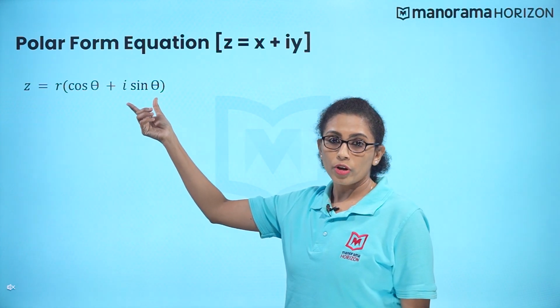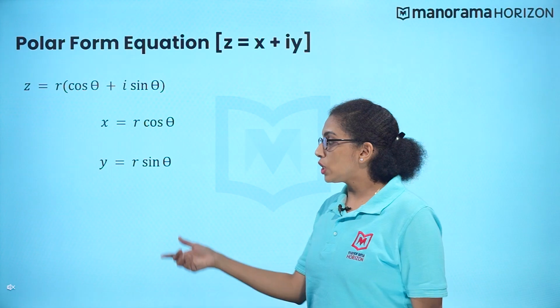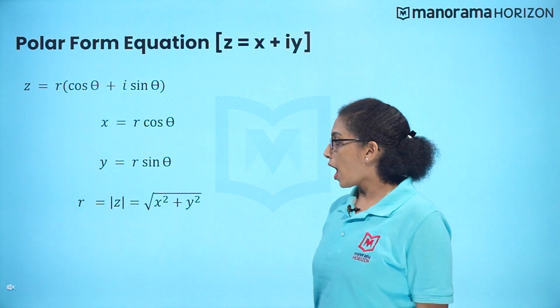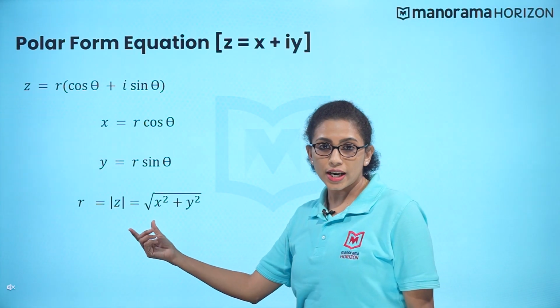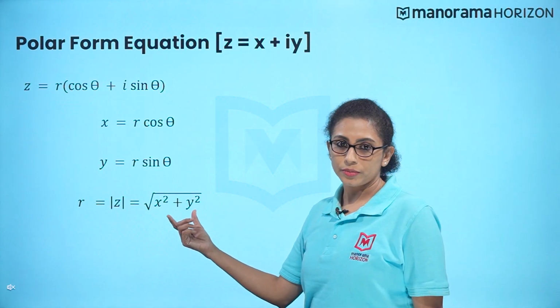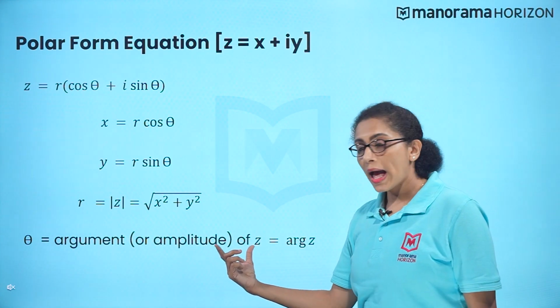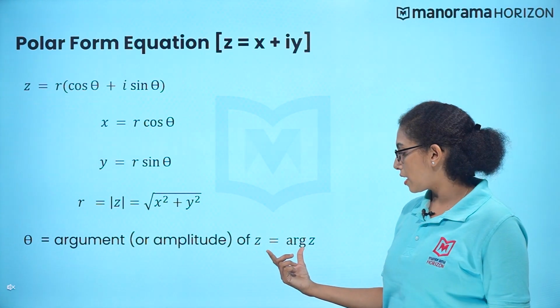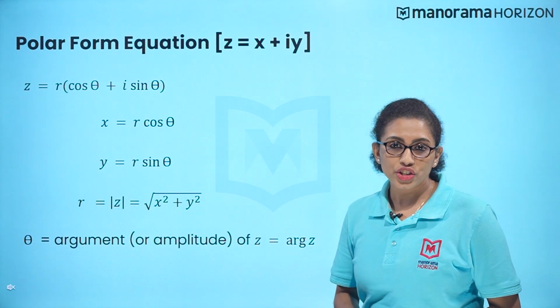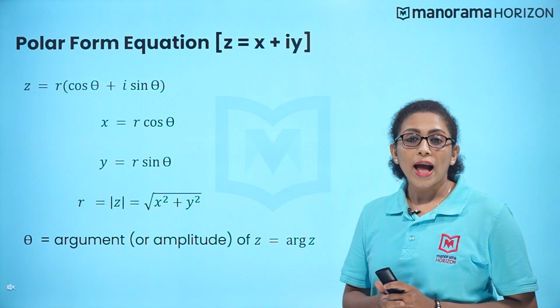This is the polar form where x is equal to r cos theta, y is equal to r sin theta, and r is given by modulus of z, which is equal to root of x square plus y square. And what is theta? Theta is called the argument or amplitude of z, and it is represented by arg z. Now, let us discuss briefly the value of theta.